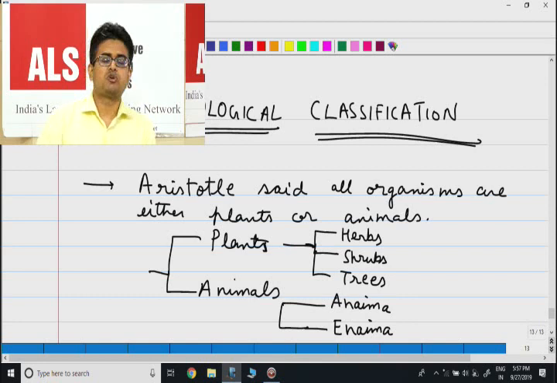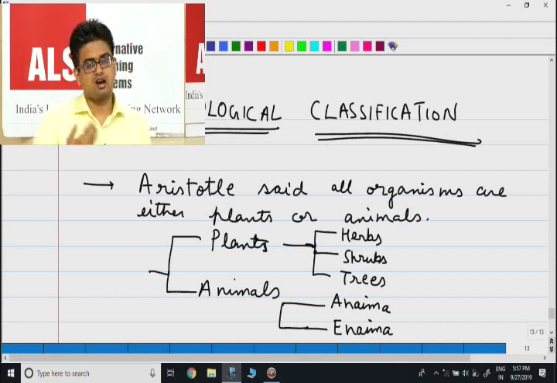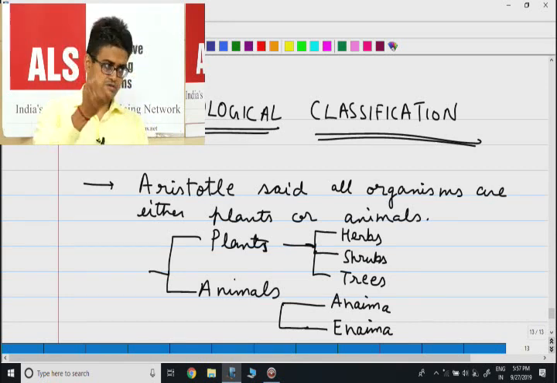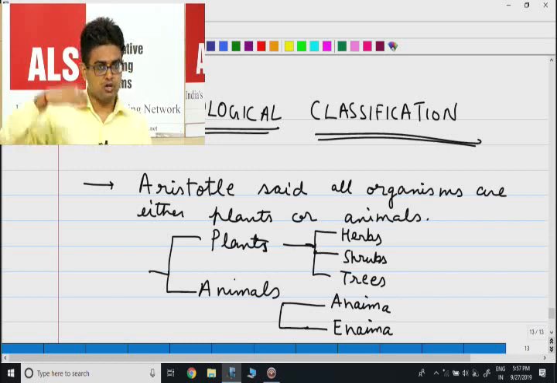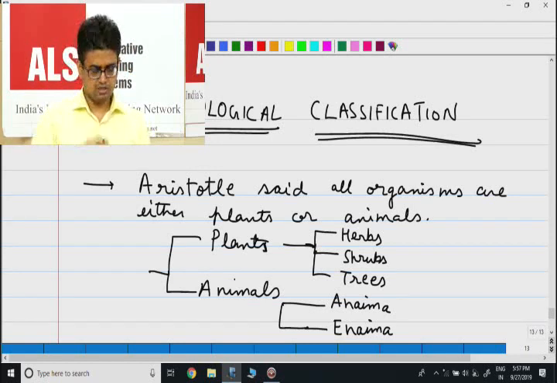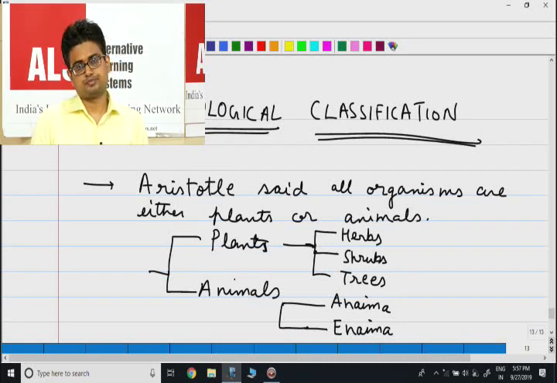Okay. So before Aristotle, some people used the terms like useful plants, harmful plants, poisonous plants, non-poisonous plants, poisonous animals, non-poisonous animals, criteria like this. So that criteria was not very useful, right? But Aristotle was the first person who attempted a scientific classification. His system is not used.